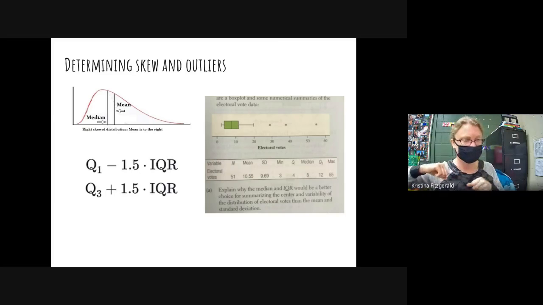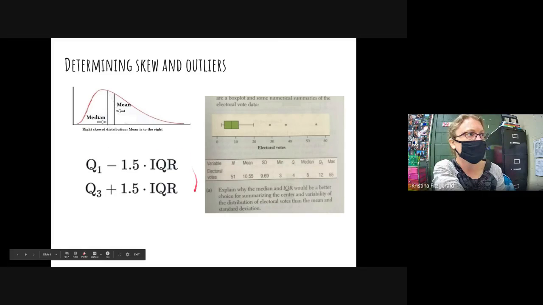It just gets yanked over. So if the mean is greater than the median, meaning it's heading towards the right of the median, we'd have a right skew. And similarly, if it's to the left side, we'd have a left skew. So that's another quick way to tell: which way is your mean being pulled, because it's a calculation. If we're adding in extreme values that are too big or too small, it's going to pull that mean to one side of your typical center, or your median.